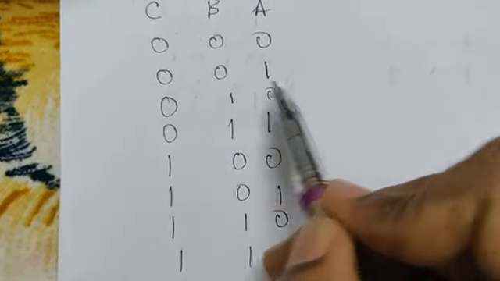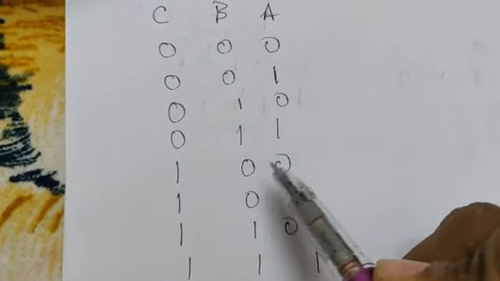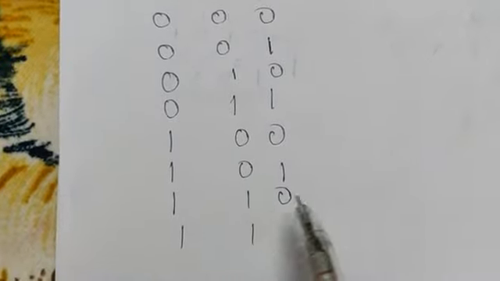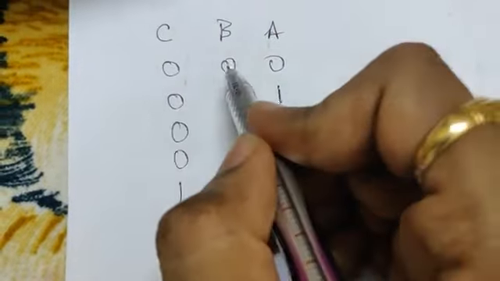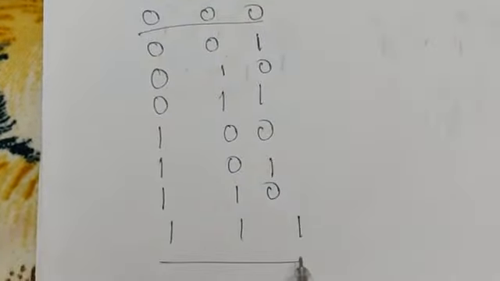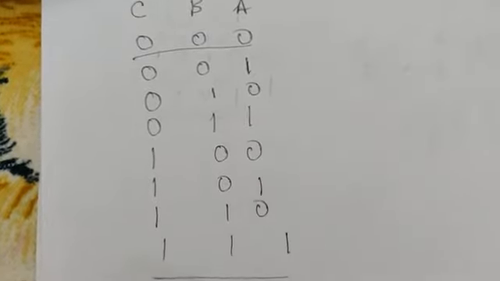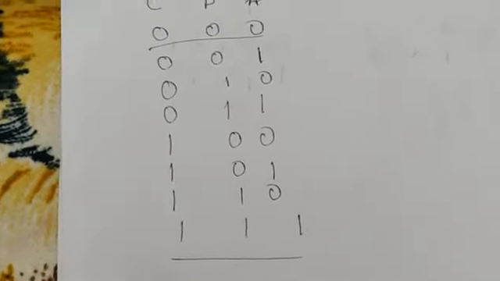So it's like 0 to 7. This is a mod 8 counter. We call it a binary counter. This is how it's supposed to be.